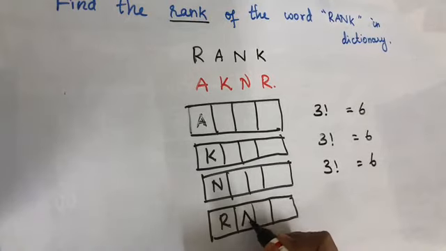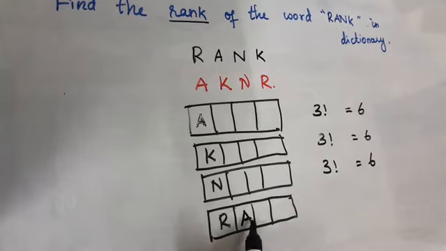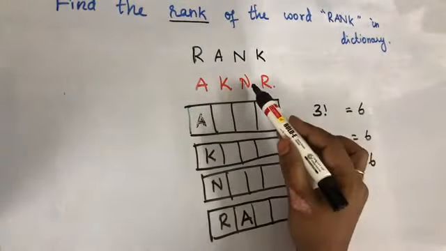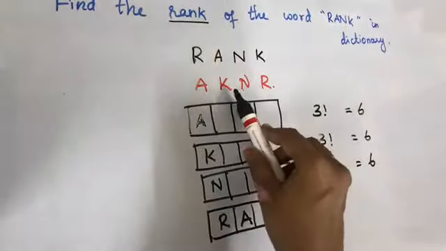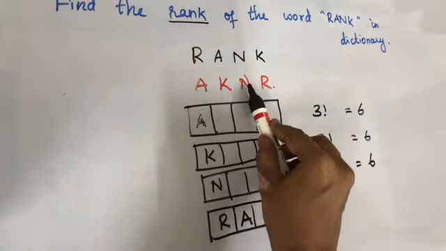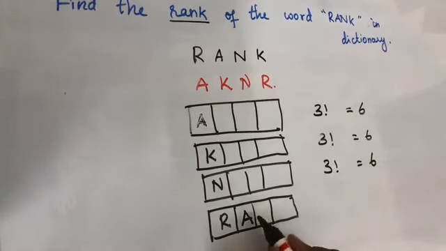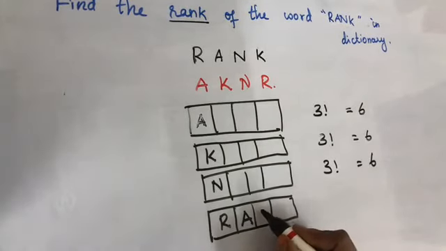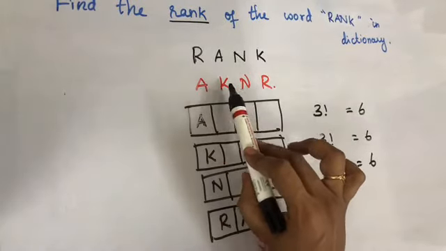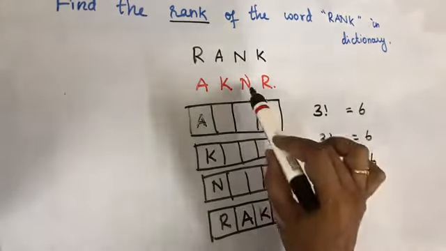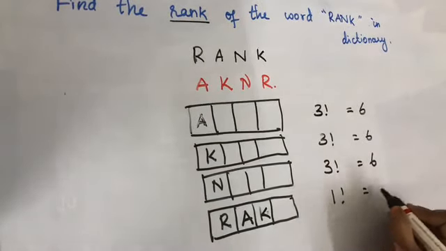It is A. If I fix R and A, then only 2 letters are left over, K and N. I write R and A, and now I write K also. The next letter can be filled in only 1 way, so 1 factorial ways.